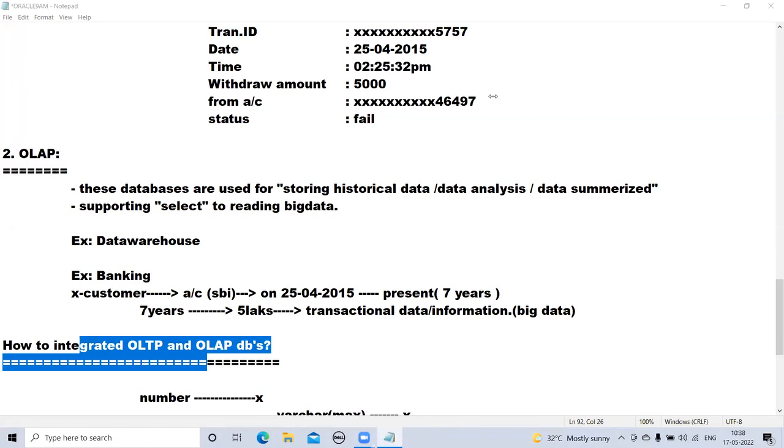Sir, what is the difference between SQL and SQL Server? SQL Server is a tool, like a software, that we download and install on our laptop or system.